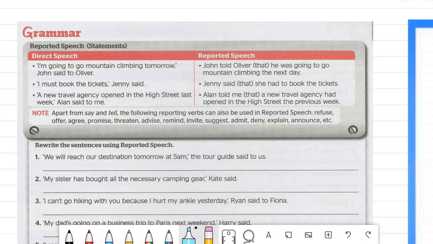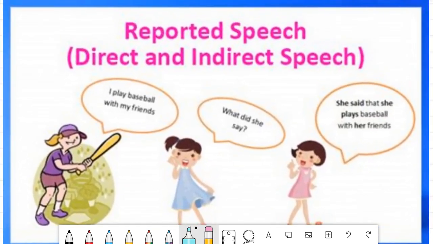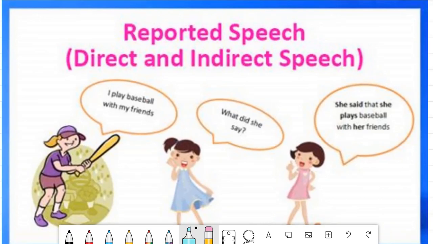As you can see, there are two kinds of speeches there. The first one is direct speech, and the second one is reported speech. What are the differences between direct speech and reported speech? Now let's look at this visual here to help you understand the difference. Notice the first girl here, this girl in purple shirt. She said, "I play baseball with my friends."